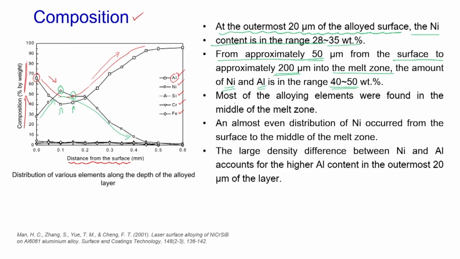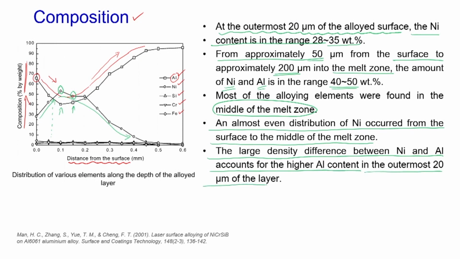Most of the alloying elements were found in the middle of the melt zone, which I have pointed out here. So, this is the middle of the melt zone and almost all the elements were found there, and an almost even distribution of nickel occurred from the surface to the middle of the melt zone. The large density difference between nickel and aluminum accounts for the higher aluminum content in the outermost 20 micron of the layer.